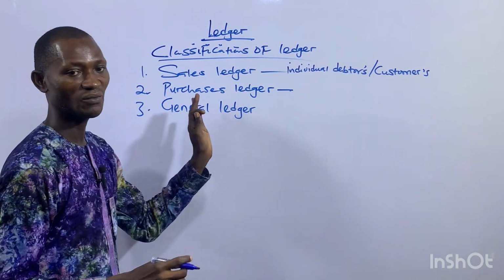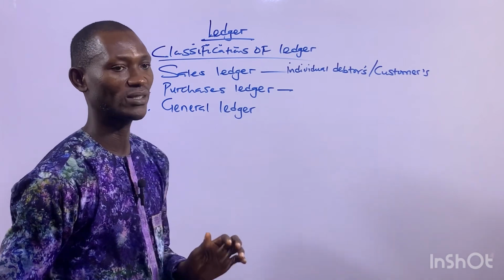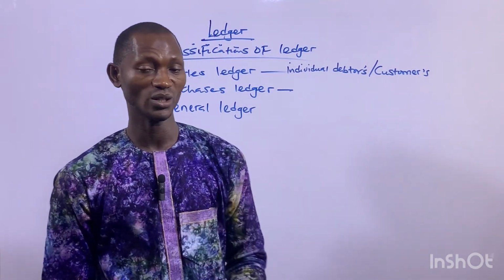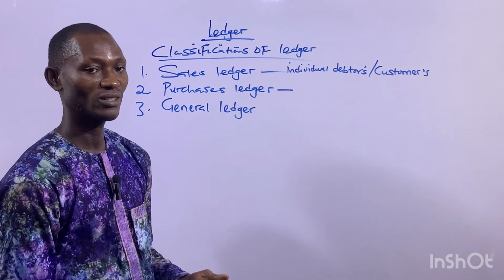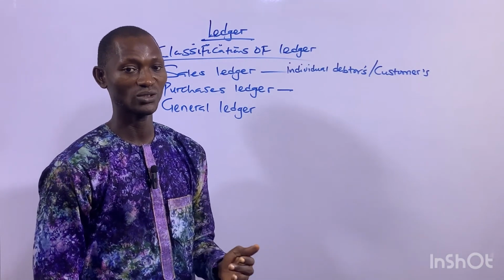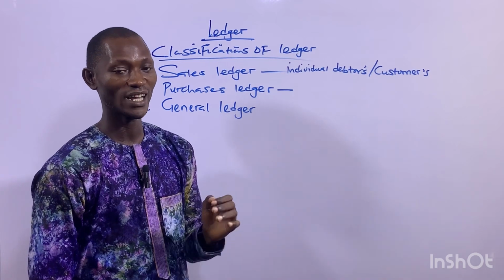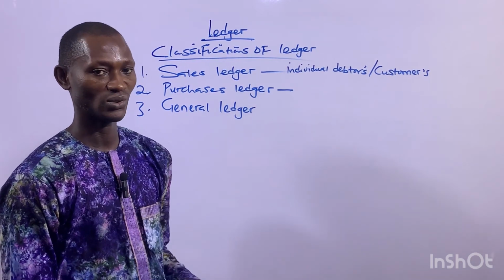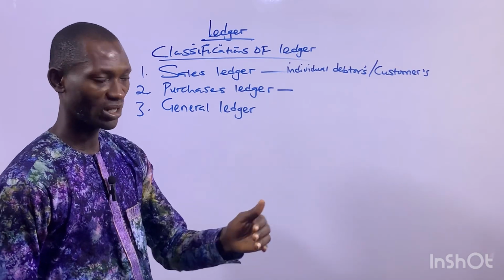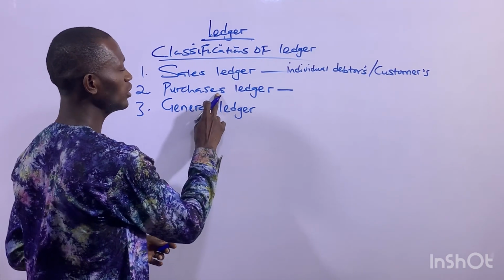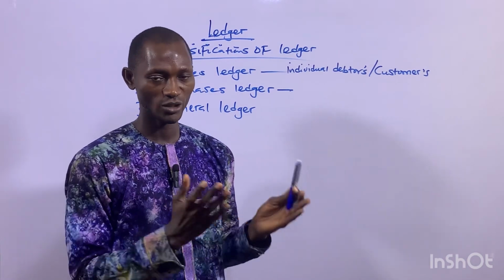Then purchases ledger now. This contain the individual creditors accounts or suppliers accounts. Just like we said, a business must purchase on credit because you have to, in your balance sheet, that statement of financial position, you will have on your current liability as one of the components. That's bills payables. That's those whom you have to settle the outstanding, the liabilities. So when you purchase goods on credit, it means you are owing some suppliers or creditors.